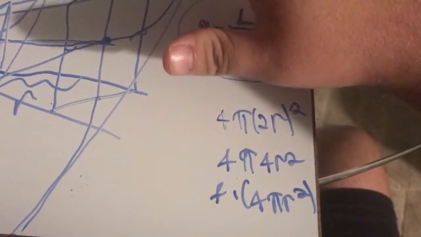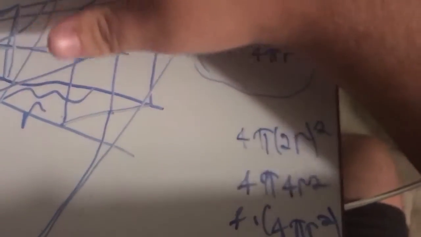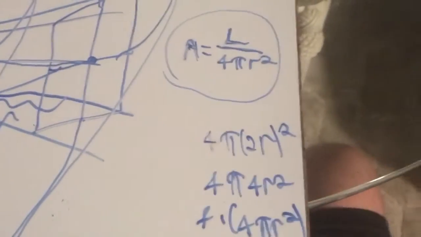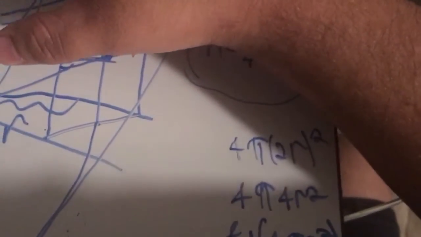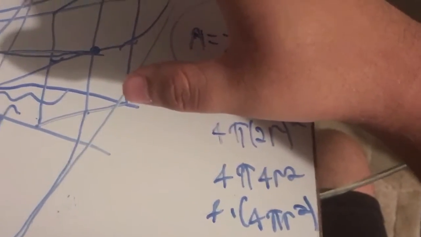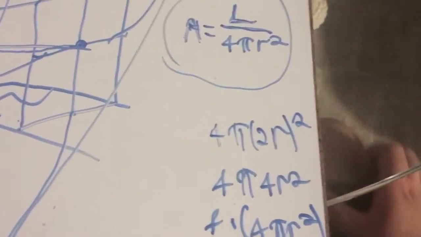At double the radius, that 4 pi r squared becomes quadrupled. So 1 square meter at 1 radius is going to quadruple at 2 radii. Whatever is in that 1 square meter at 1 radius gets distributed over a 4 times greater area at 2 radii.